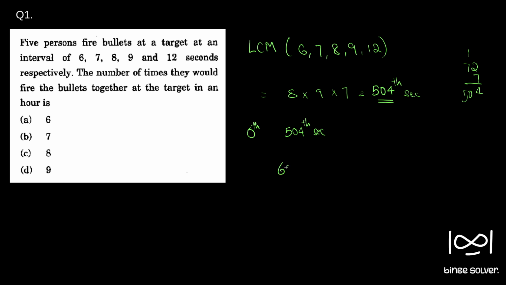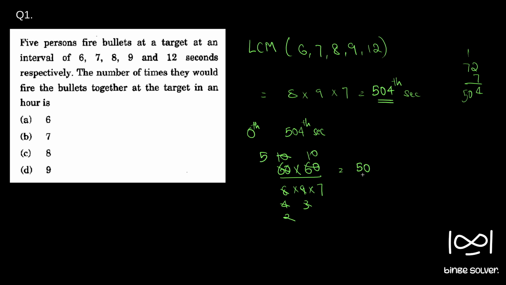In 1 hour we have 60 minutes into 60 seconds. So 60 into 60 by 504. For simplicity I will write 504 as 8 into 9 into 7. So 6, 3 into 2, I'll just take 2 from here and 3 from here, so we get 10. Again 2 from here and 3 from here, again 10. So 5.